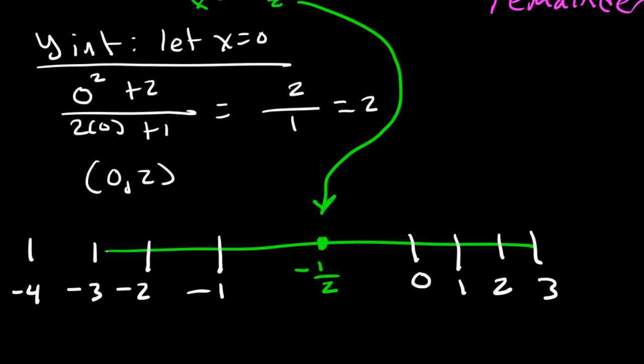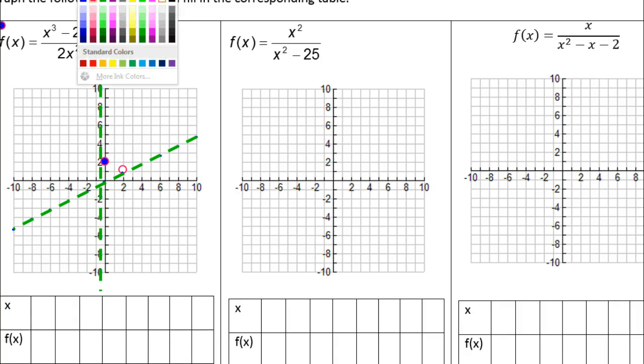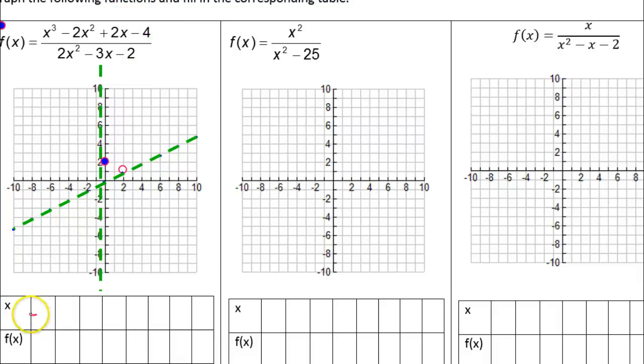So these are the 8 values I'm going to use: -4 to 3. That is -4, -3, -2, -1, 0, 1, 2, and 3.